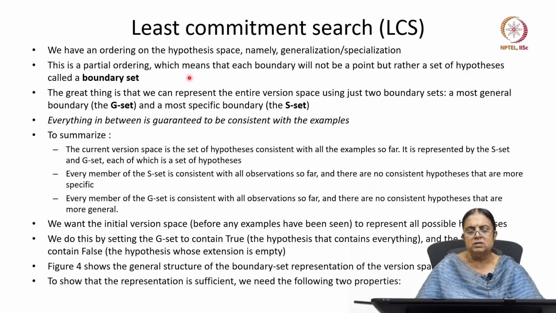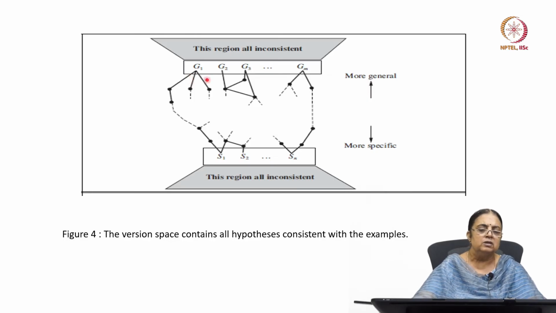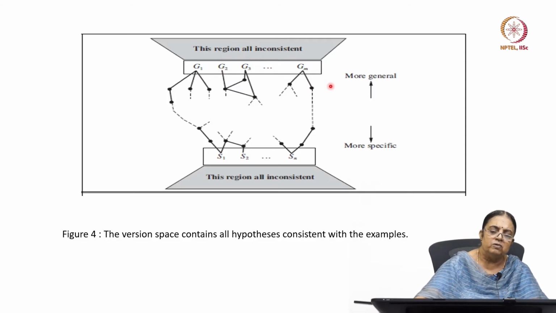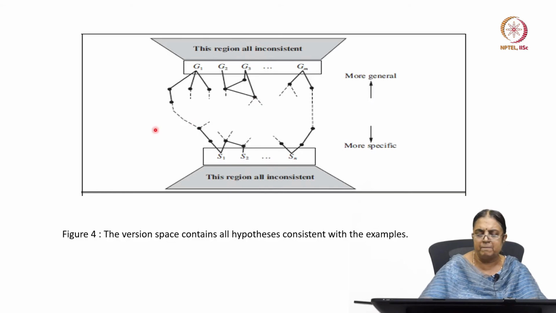So this is how your G set and S set start. Your hypotheses and all the examples that you have will fall between the G set and the S set, and everything which falls out of this region is the inconsistent region that we are talking about.